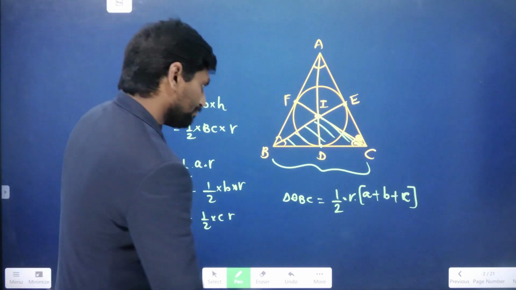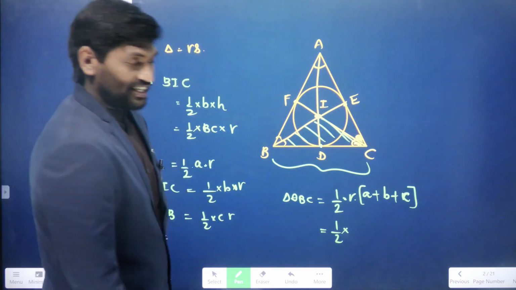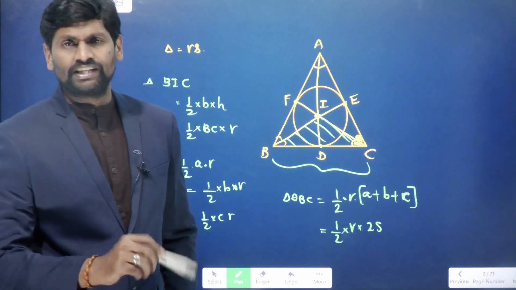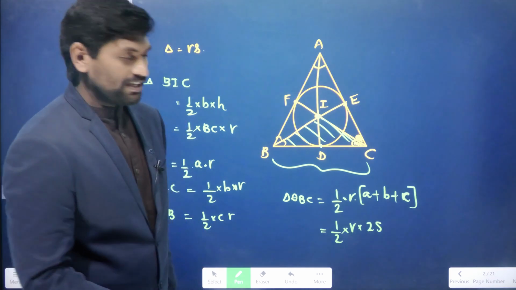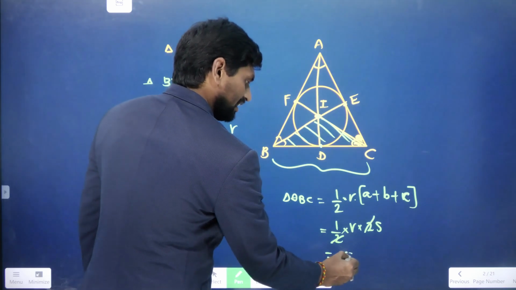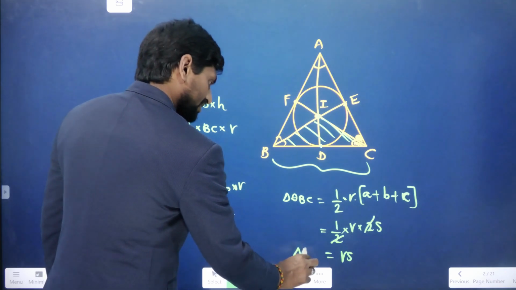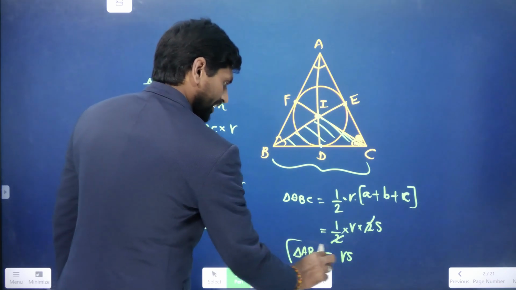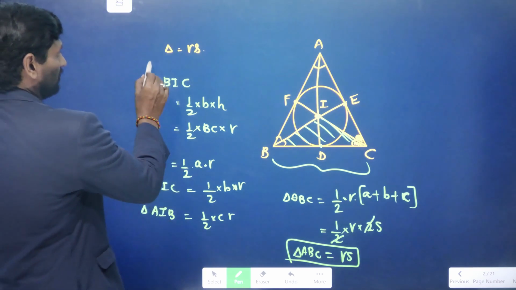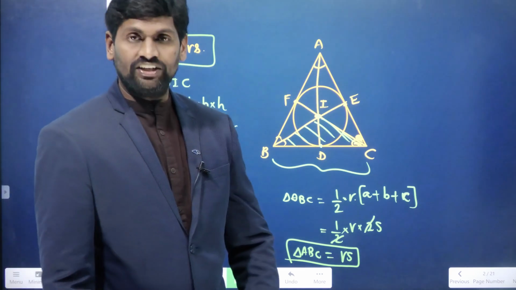So a plus b plus c is nothing but the perimeter of the triangle. We represent it with 2S. S is the semi-perimeter, but 2S is the perimeter. So numerator 2 and denominator 2 cancel. We will get the formula r into S. So simply, the area of triangle ABC is equal to r into S. Okay?